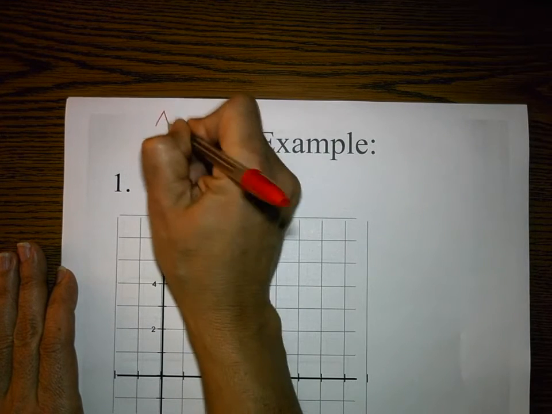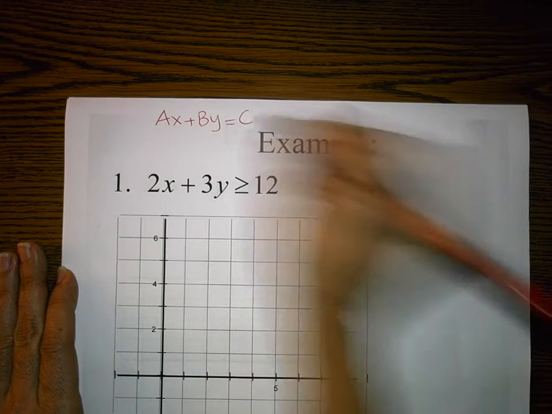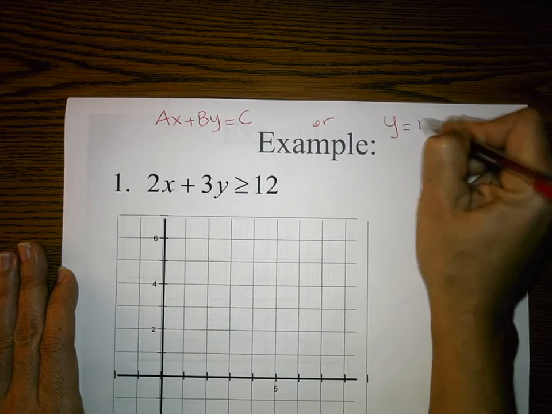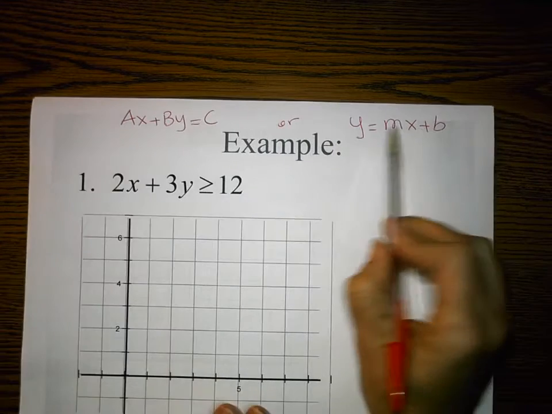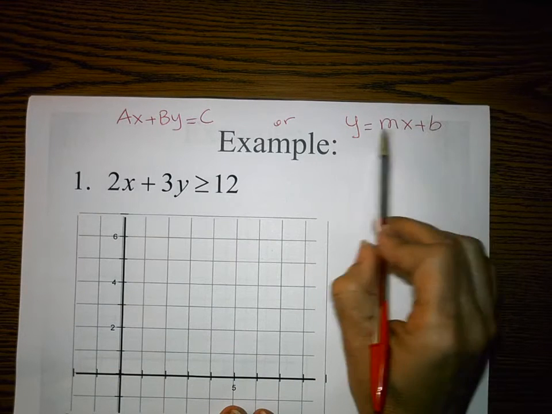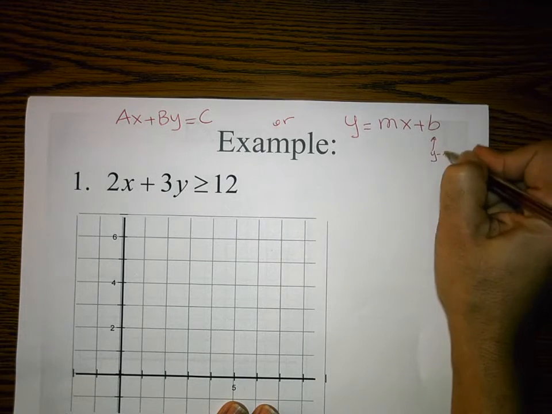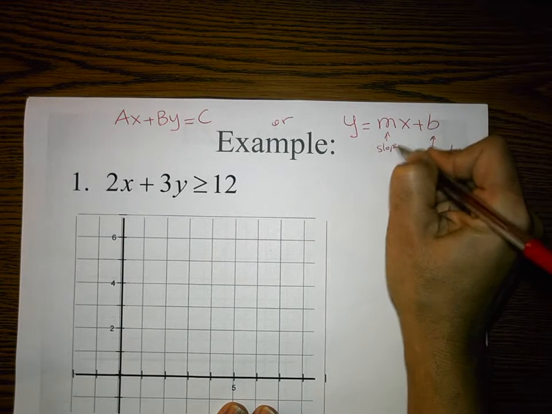It's either going to be ax plus by equals c, or it's going to give it to you as y equals mx plus b. If I see that it's in this form, or I can put it in this form, I am going to look for the y-intercept, and I'm going to look for the slope, and I'm going to graph it.